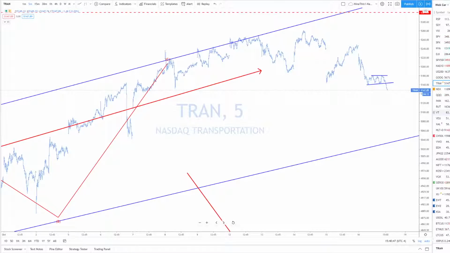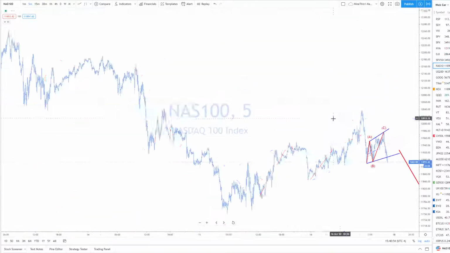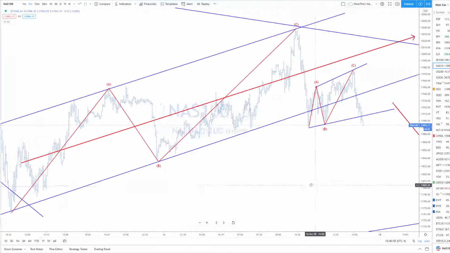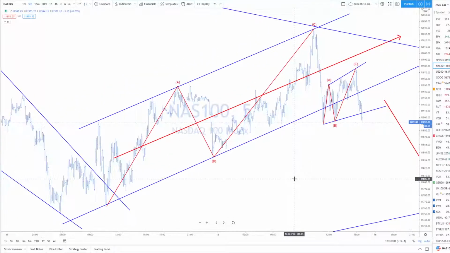So remember, just let the data tell you what's going on. Read the message of the market. Go through the indexes, see what's going on, chart it out, see if it's valid, see which way the structure is pointing, right?